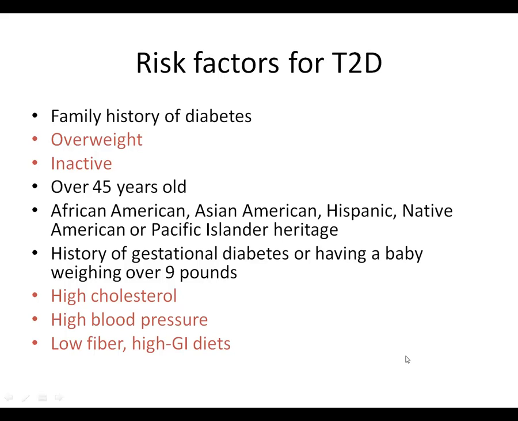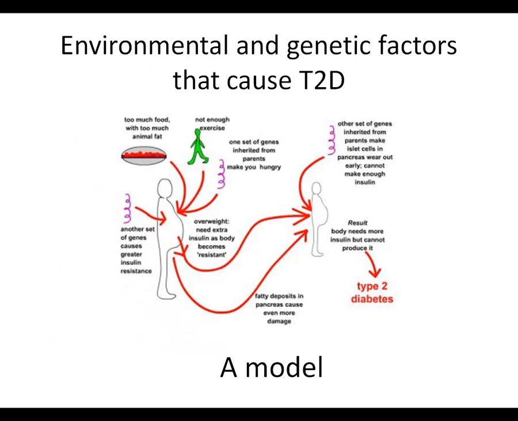And so that correlates well with the increase that we're seeing in type 2 diabetes. So putting this all together, here is the current model that puts together what causes type 2 diabetes.